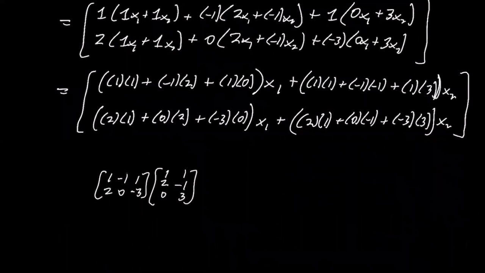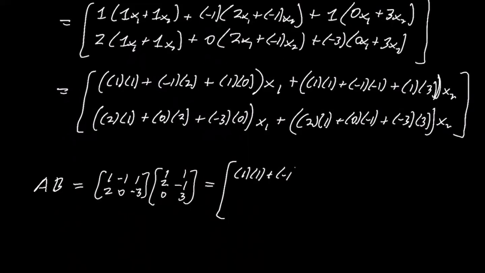So that's A times B. And if we write this all out very carefully, we get 1 times 1 plus negative 1 times 2 plus 1 times 0 as the top left entry of our matrix, 2 times 1 plus 0 times 2 plus negative 3 times 0, and etc. So that's the first entry.